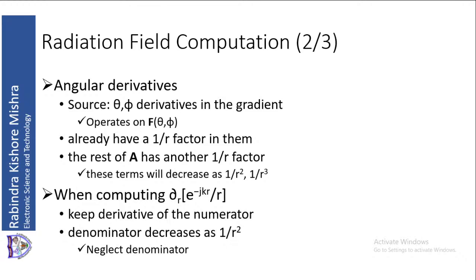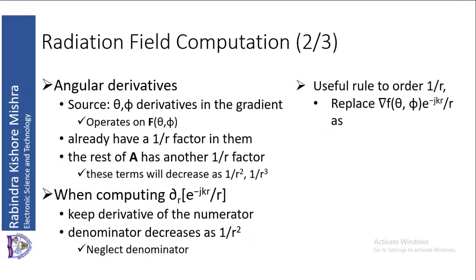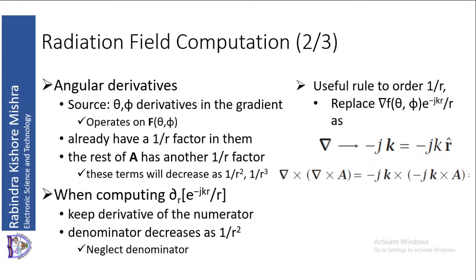Then use the rule to order 1 by r: replace grad of F theta phi exponential minus jkr by r with del equivalent to minus jk r cap. So for calculating the gradient, use this form.